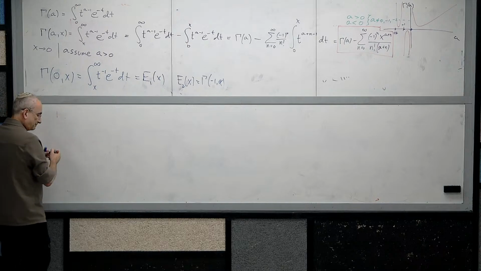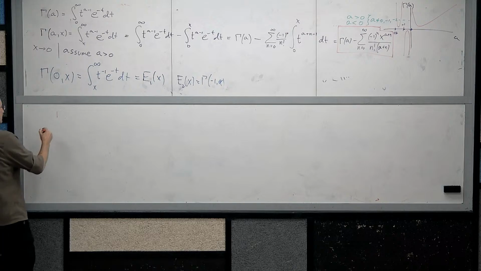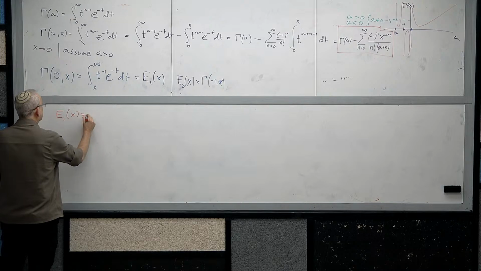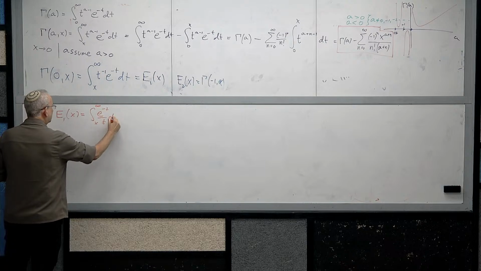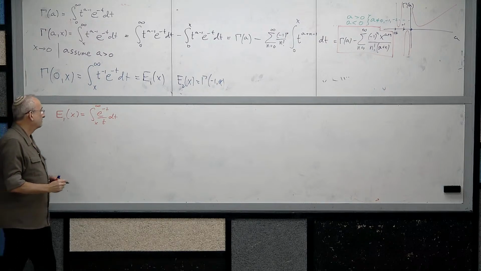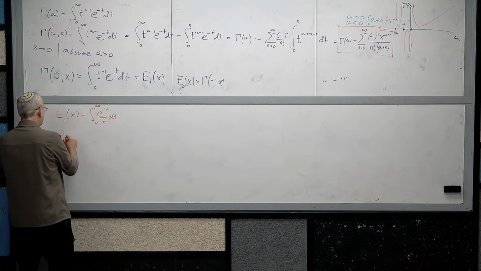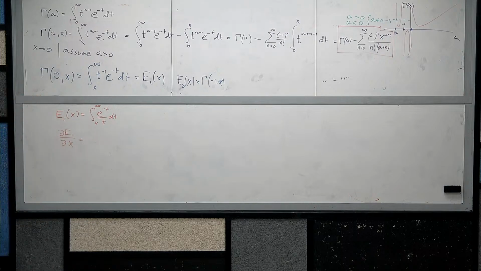So as I said, E1 of x is by definition the integral from x to infinity of e to the minus t over t dt. Okay? And here is a trick that will solve some of the problems. Let's take the derivative of this with respect to x.